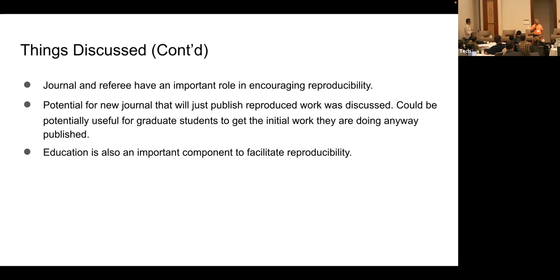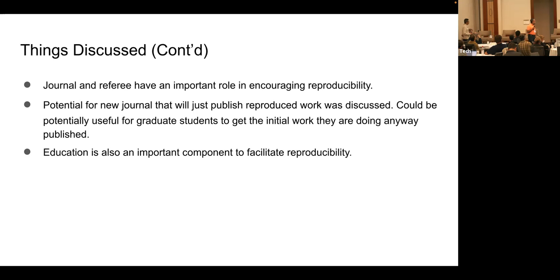Generally we think of publications as new concepts, new ideas, and you don't have space for reproduced work. But if graduate students and others who are trying to reproduce things have an incentive, and there is an incentive for the authors also, so their papers get reproduced, and that's great. And then the students who are reproducing it get a paper in this journal. So that was an idea which was mentioned.